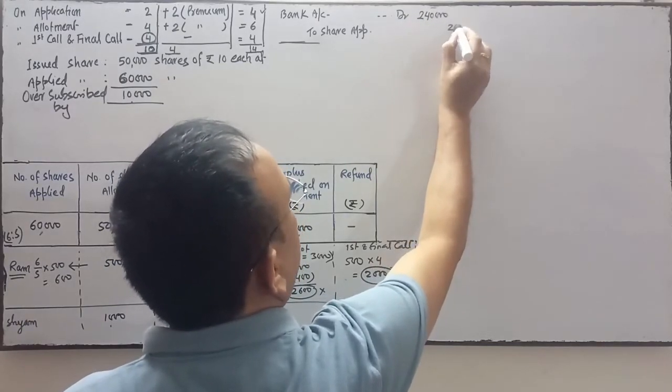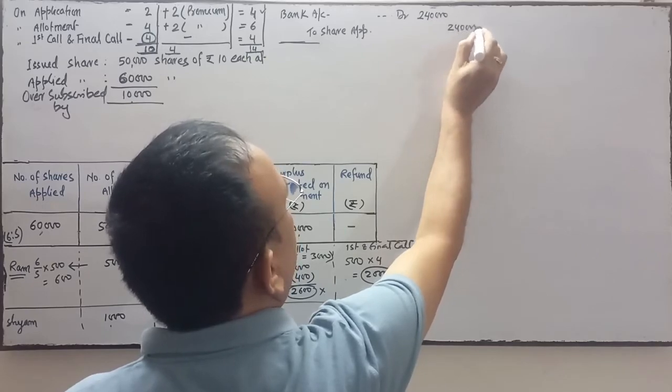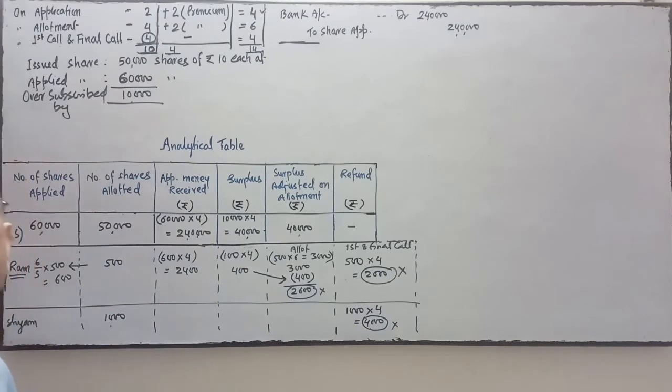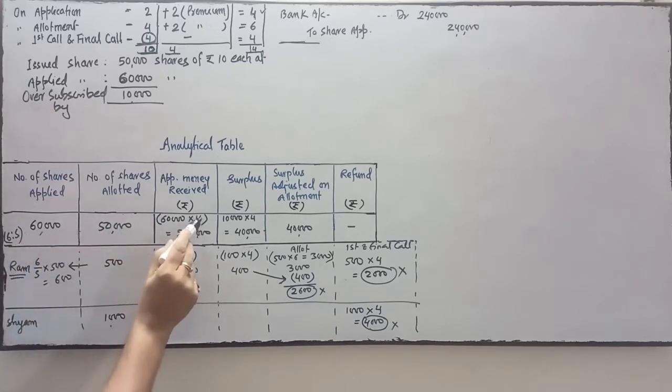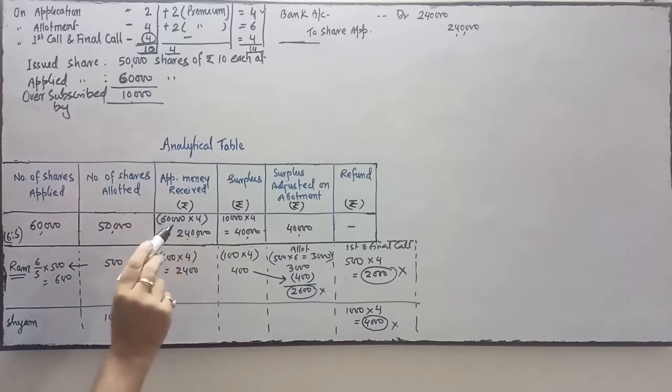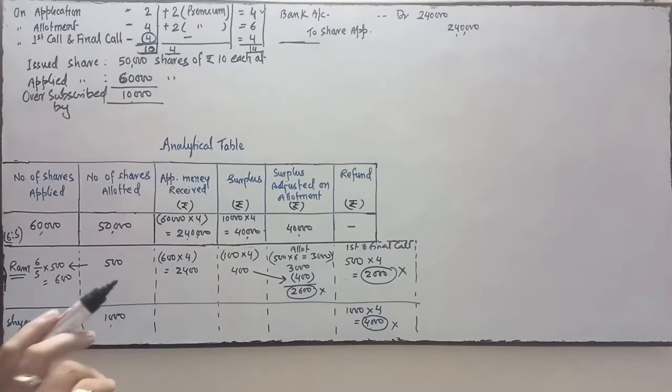Total 2,40,000 is received on application. The narration will be very simple: being application money received on 60,000 shares at the rate of rupees 4 per share, including rupees 2 premium.